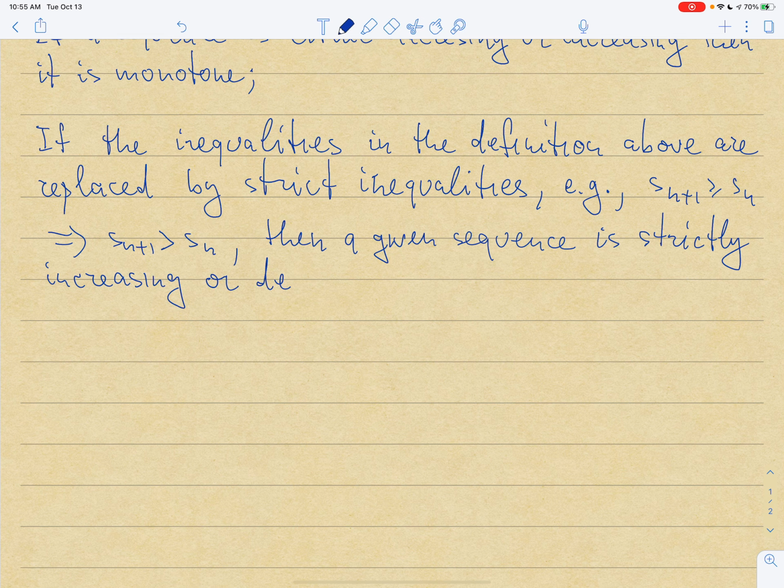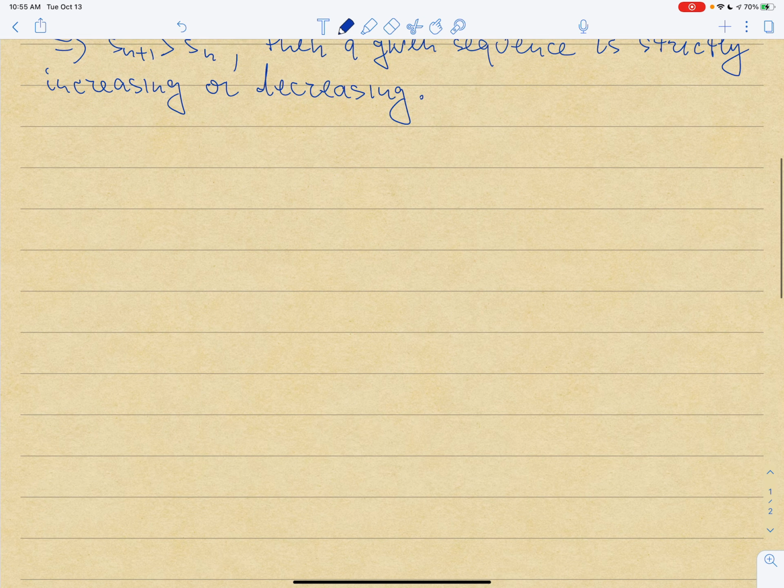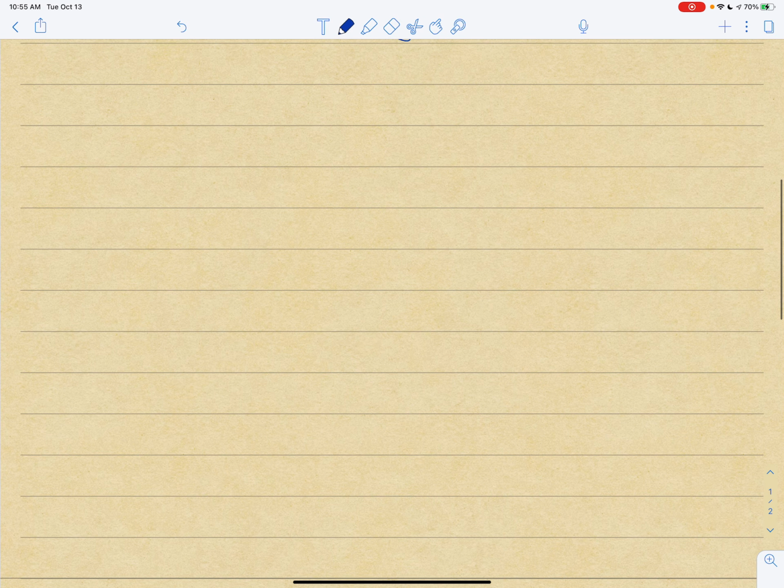And now, if we look at particular examples, so let's say example number 1. Let's suppose that Sn is equal to 1 over n.